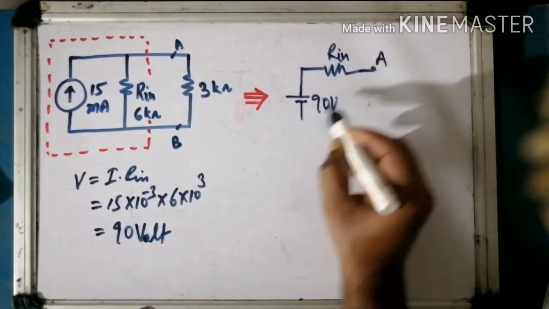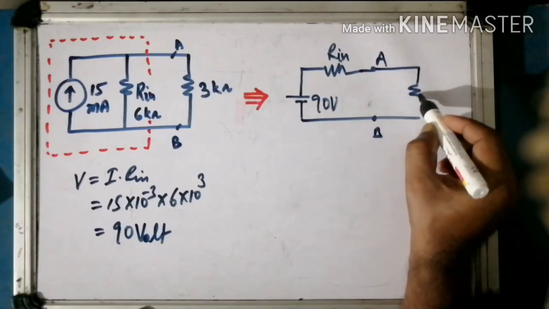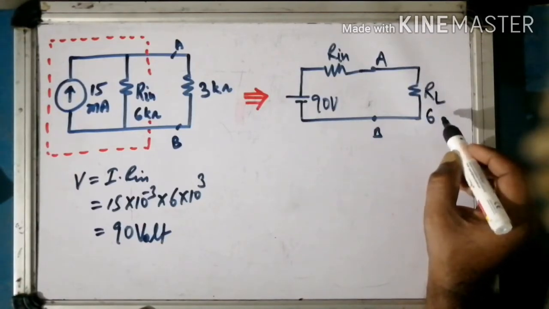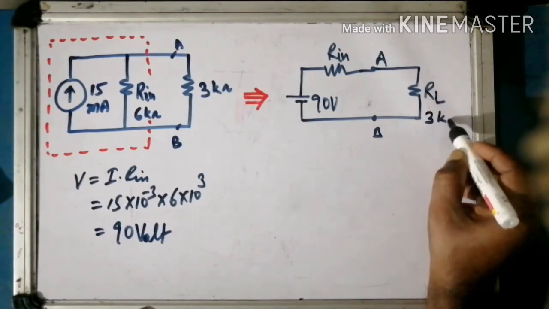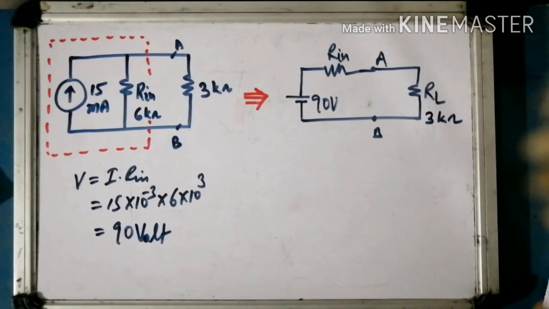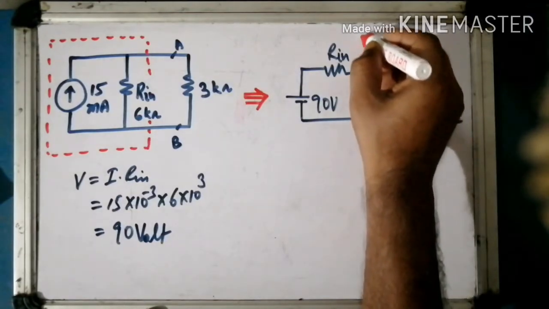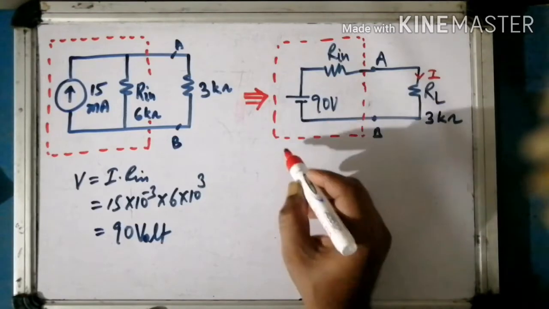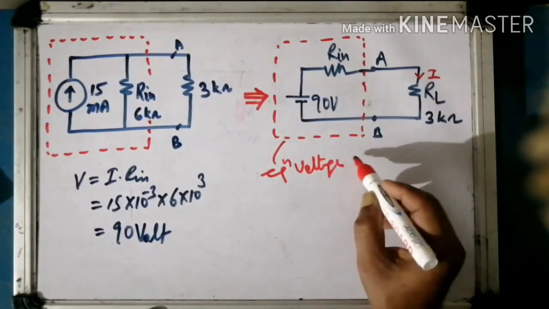This is the point A and the point B, in between them load resistor is connected, which is 3 kilo ohm. So the current through this resistor, that is I, this one is equivalent voltage source.